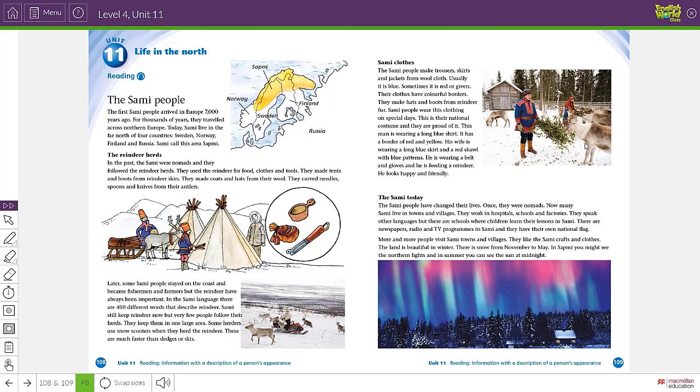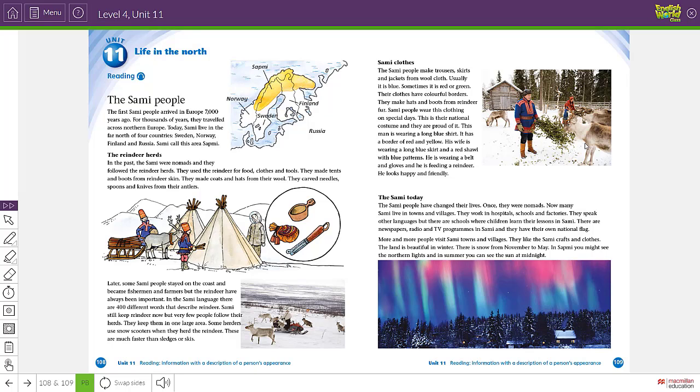They made coats and hats from their wool. Yes? Their clothes? Yes, the Sami people make trousers, skirts, and jackets from wool cloth.